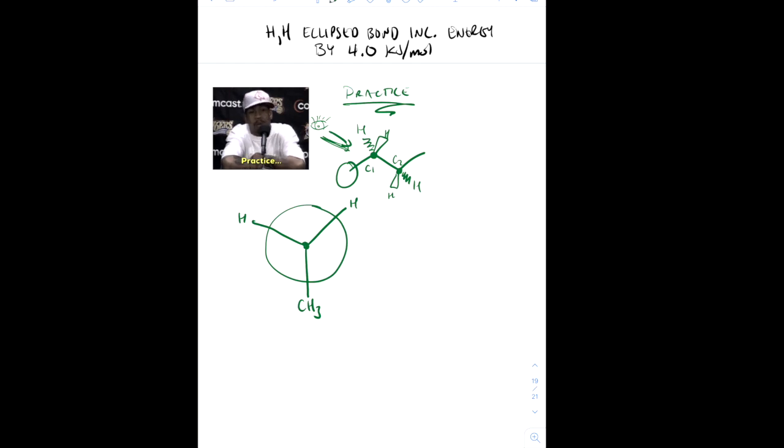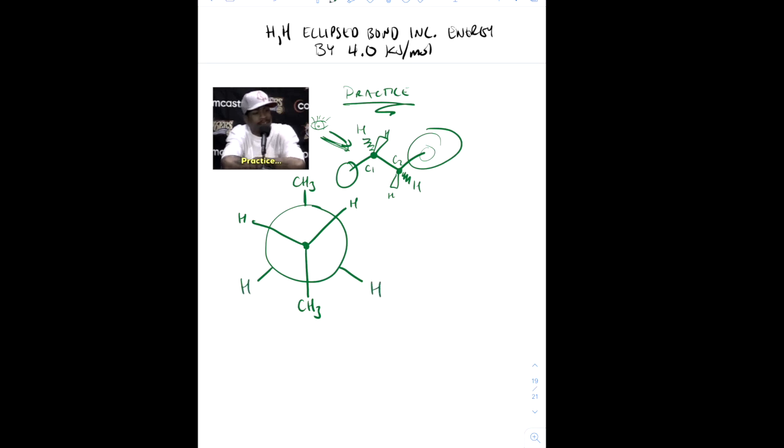The question you need to answer is: the way this is drawn, is it staggered or eclipsed? Since the bonds in the plane of the board, both methyls, are opposite one another, one up and one down, these are going to be staggered. Now that CH3 is up here, and we've got hydrogens on either side.